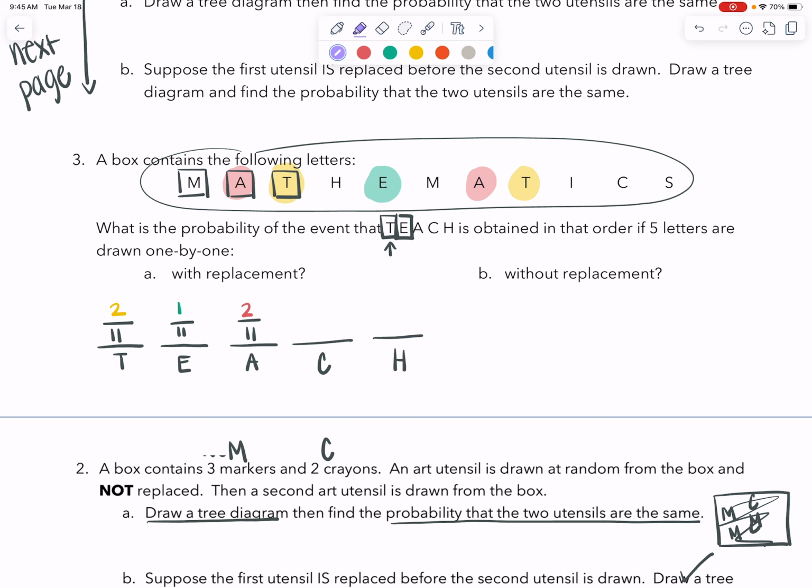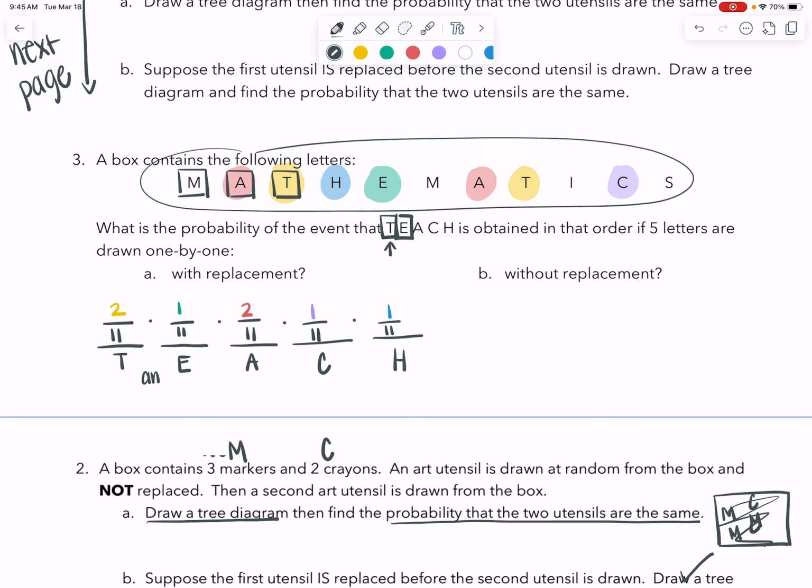C, 1 out of 11. And then H, 1 out of 11.